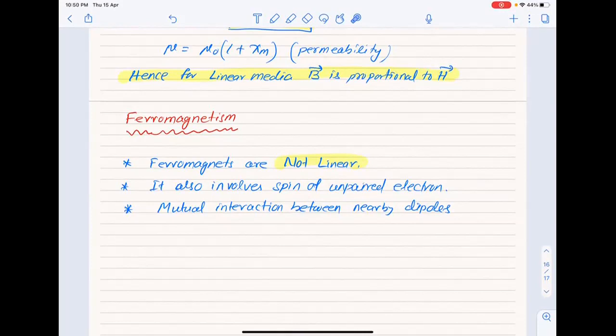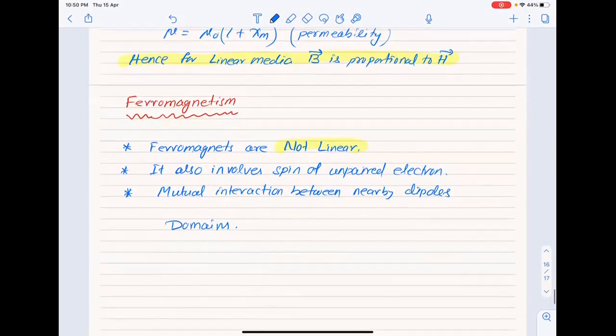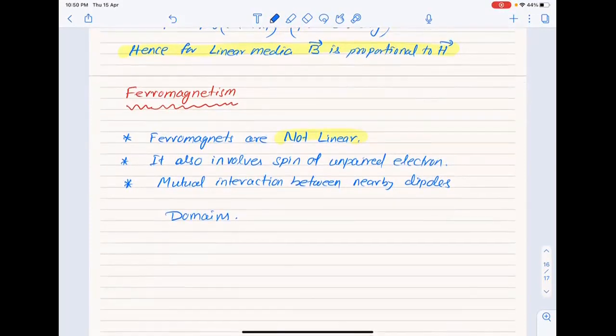Instead, it happens in patches, and those are known as domains. Each domain will have billions of dipoles.